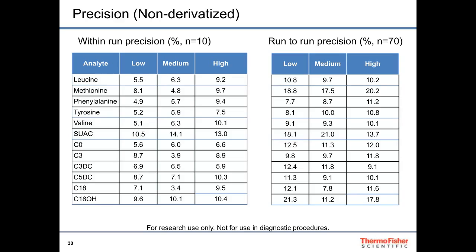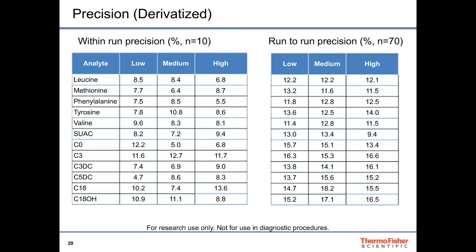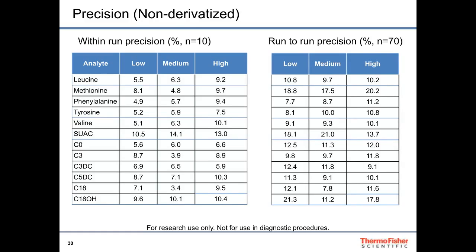The non-derivatized sample set also showed excellent within-run precision and good run-to-run precision. In fact, if you look at the precision numbers, if you just go back and forth for some of the compounds, precision numbers for the non-derivatized batch are often better than those for the derivatized batch.